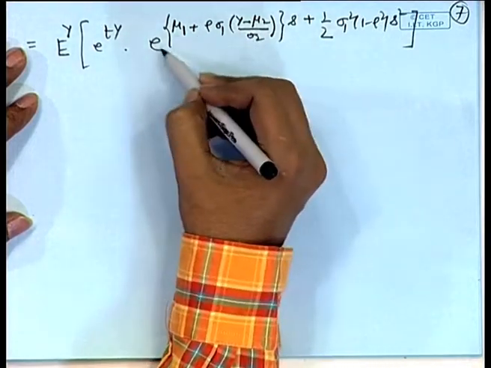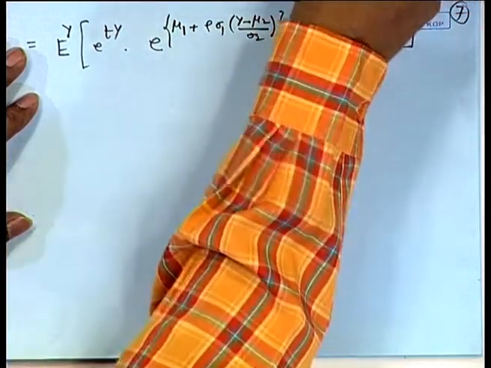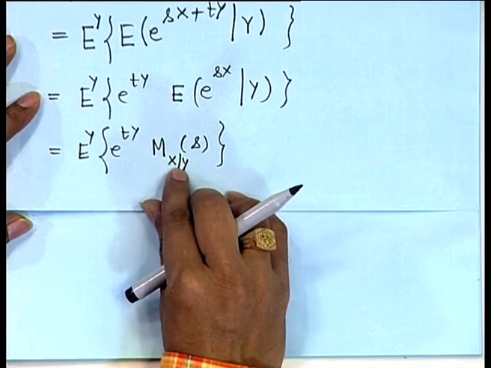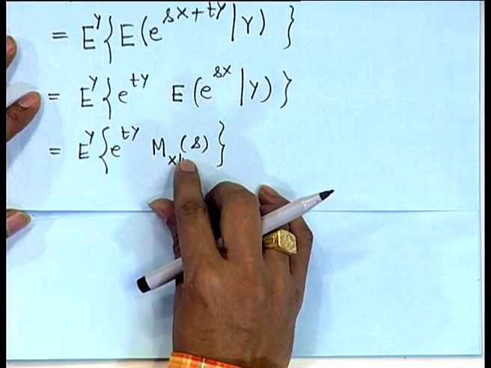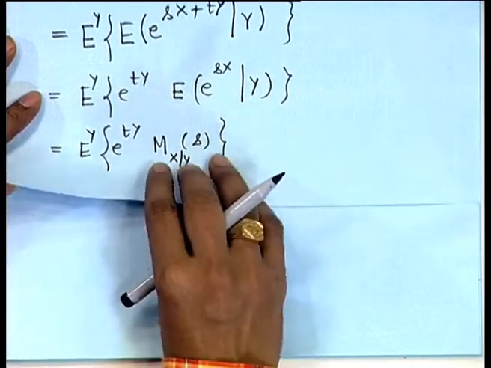So, this is the value coming after substituting the moment generating function of the conditional distribution of X given Y, which is univariate normal, and therefore, the form is known to us.